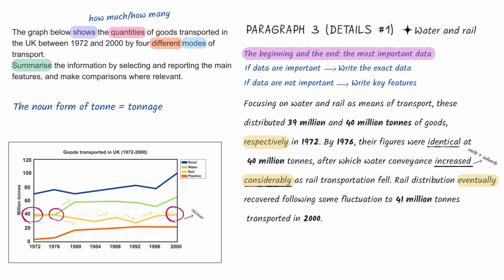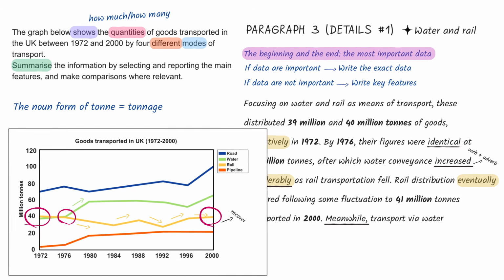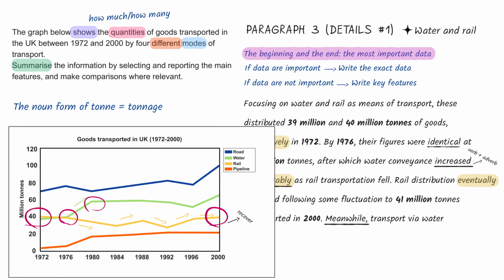What happened to water? And meanwhile, this is a very good cohesive device. Meanwhile, transport via water. What happened to water? As you can see, from 1980 up to 1992, it was the same. So the verb that we can use for this when something is the same throughout a specific time is level off or level out, right?